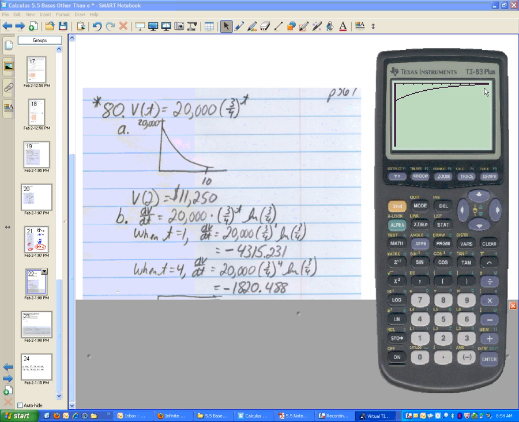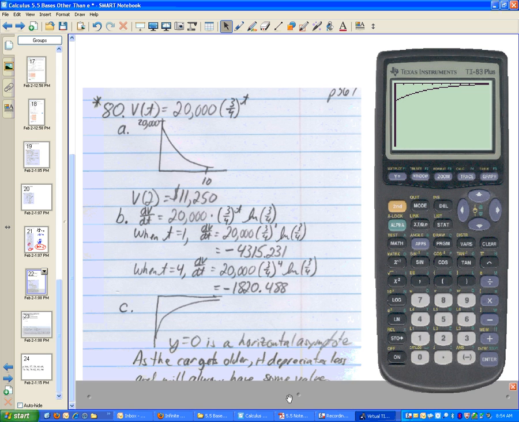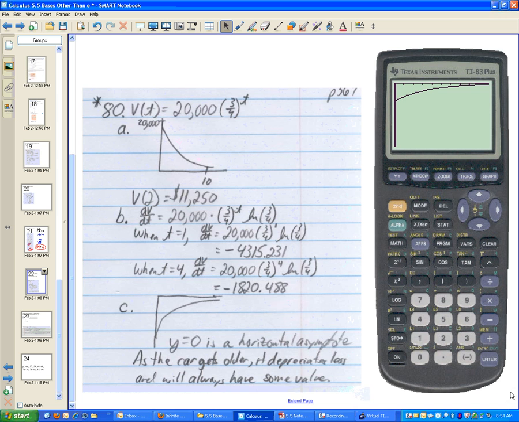So the depreciation is less. So I wrote it this way: as the car gets older, it depreciates less and will always have some value, even if it's just the value of its parts smushed into a little rectangle sold for scrap.